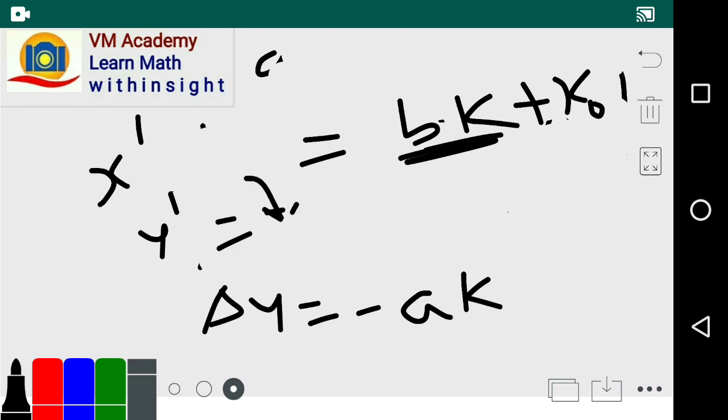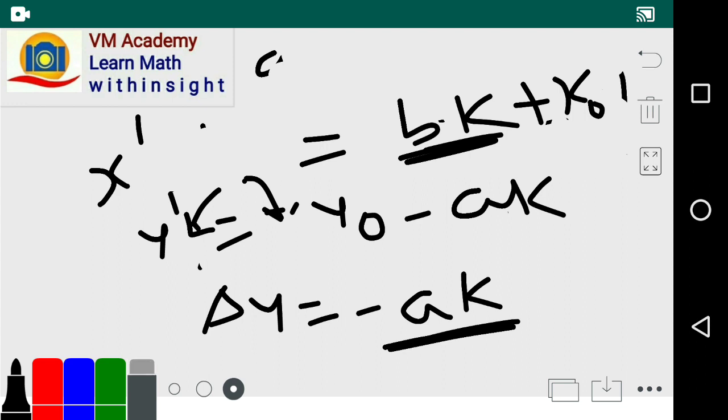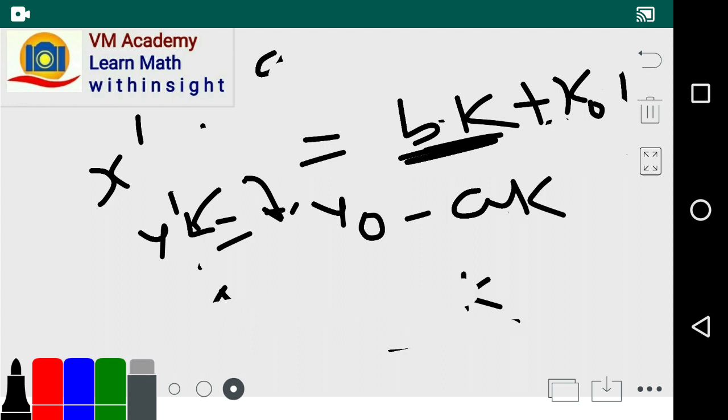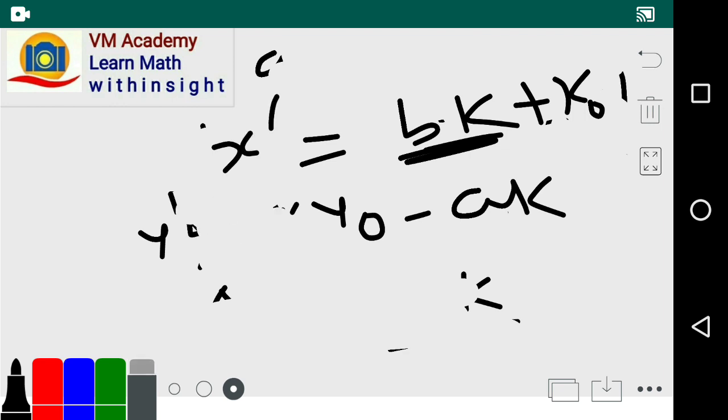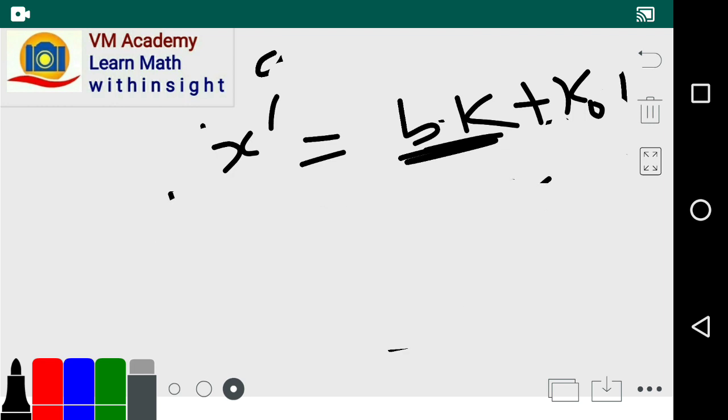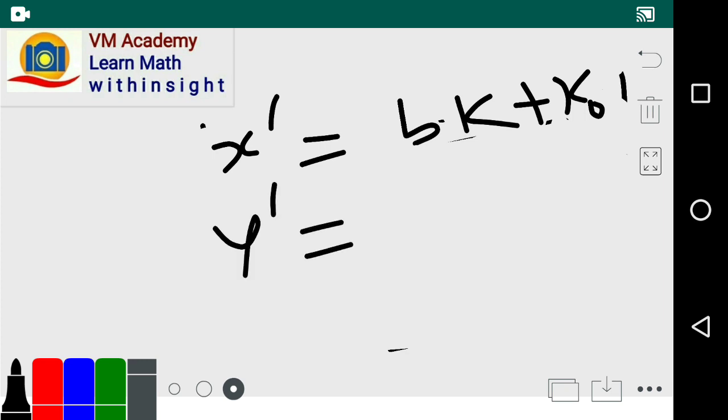Here minus y naught goes from the left side to the right side and becomes plus y naught, so y dash becomes y naught minus ak.